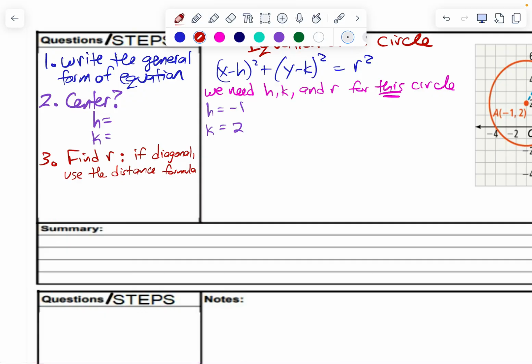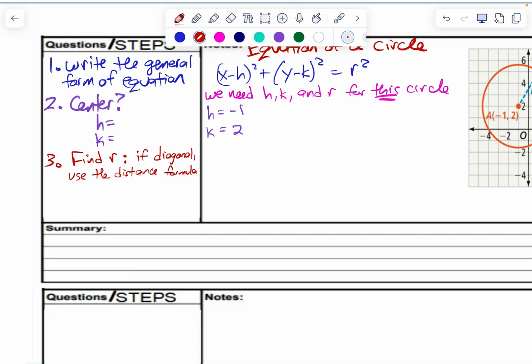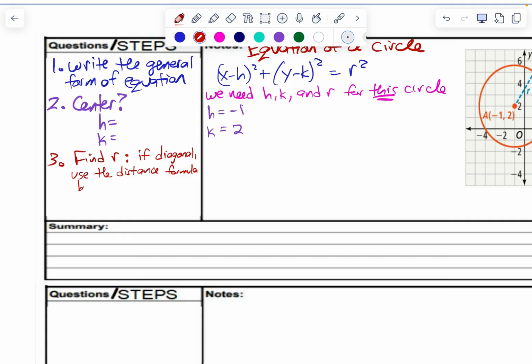Here's the thing. For our circle equation, do we want R or R squared? We want R squared, right?